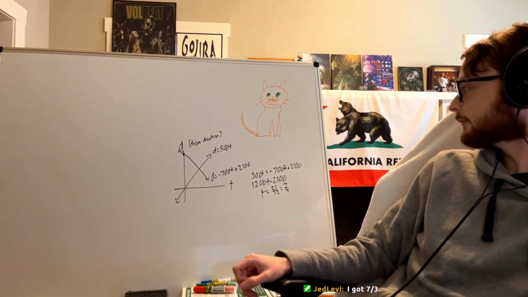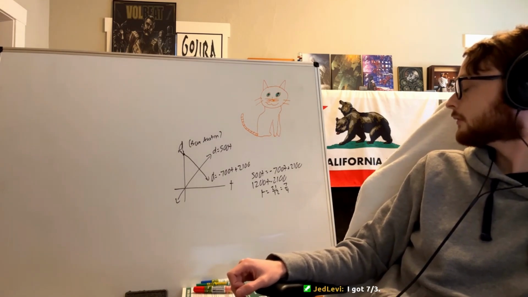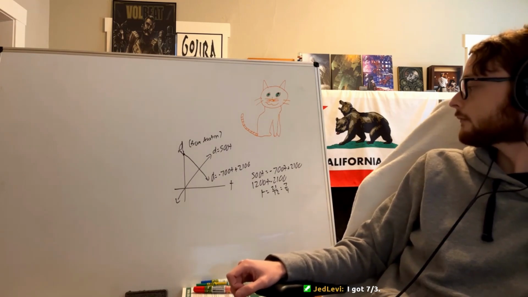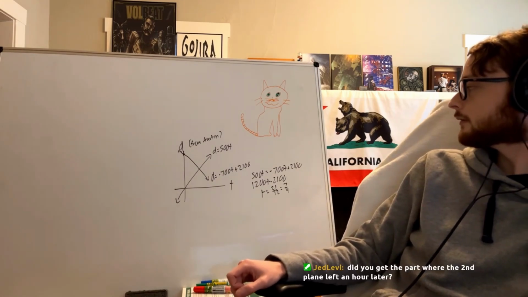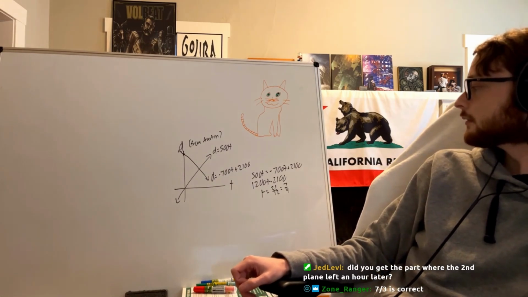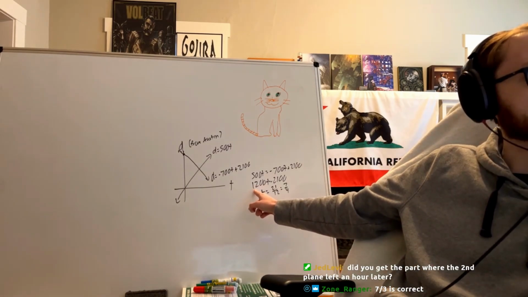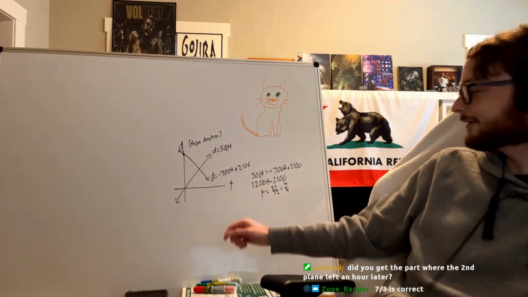Why did we get something different? You must have 21/9? You must have gotten a 900 there. 7/3? Dang it.